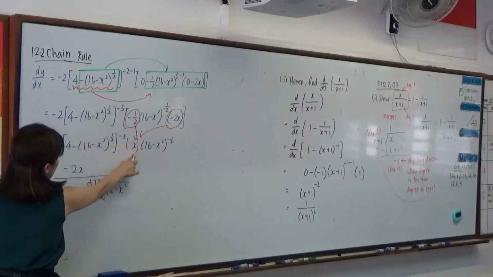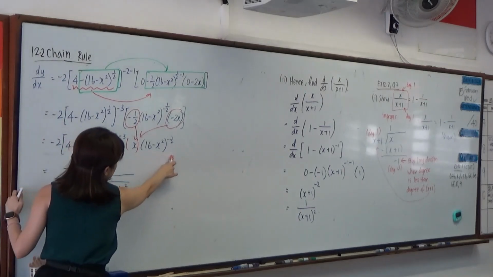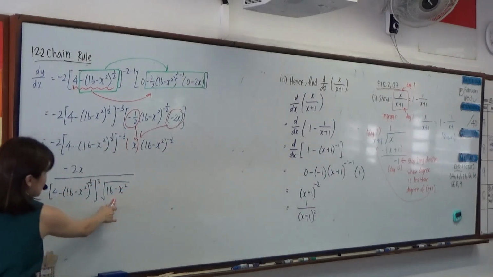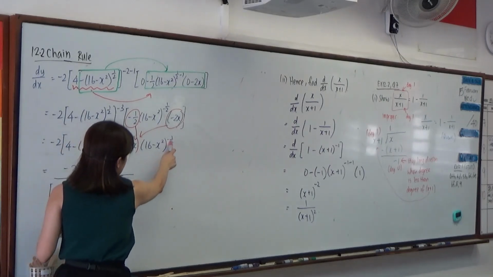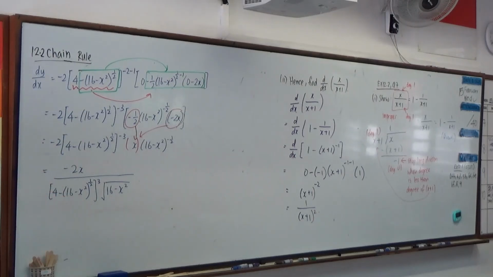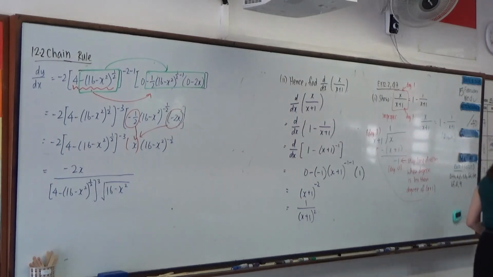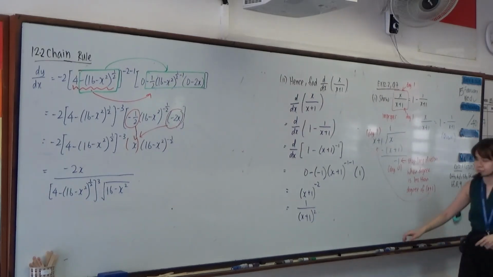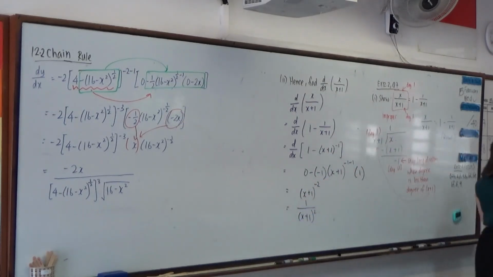So negative 2 times x remains in the numerator. 16 minus x squared to the power negative half is the one that goes down to the denominator. So negative power goes down, half means square root. Right, so then it was really a test of your indices skills, yeah? Okay, go back and really look into it.